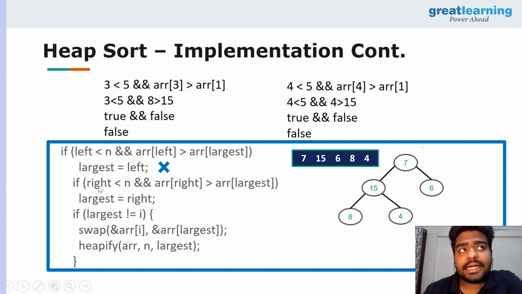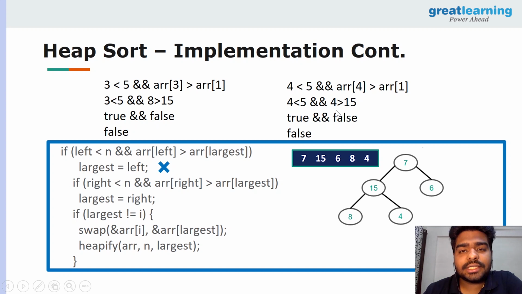Right value was 4, if you remember, and n is 5. Then ARR right, what is the fourth index value? It was 4, right? So 4 is greater than ARR largest. ARR largest was 15, which is at index 1. ARR 1 is 15. The same AND operator is used here.